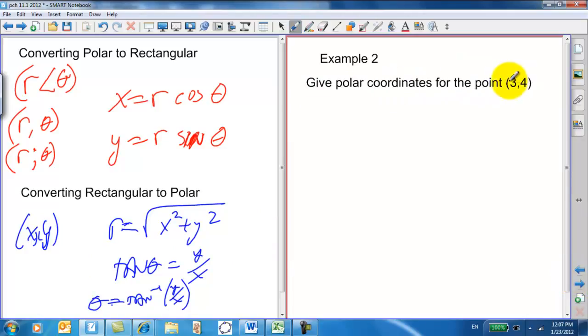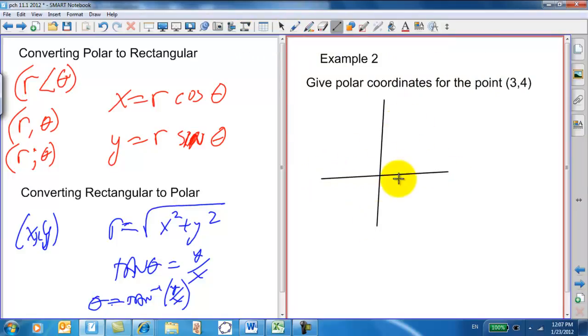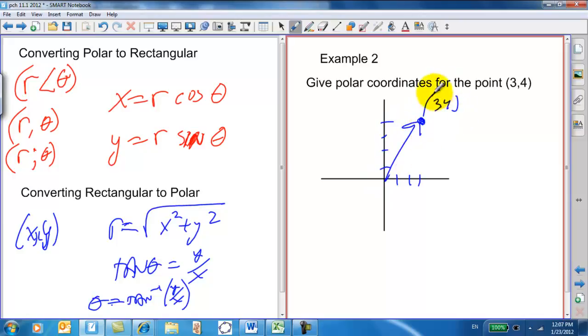So give polar coordinates to the point 3, 4. Let's just make a picture. Here we go. Over 3 and up 4. That's 3, 4, and we want to come up with the polar coordinates for this.